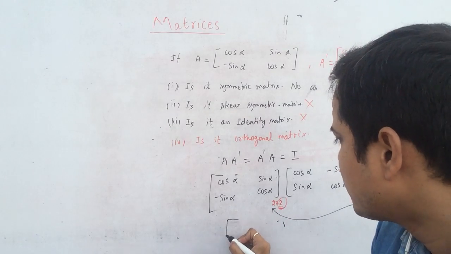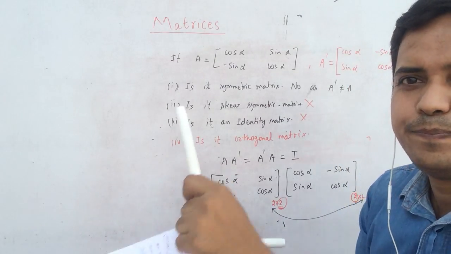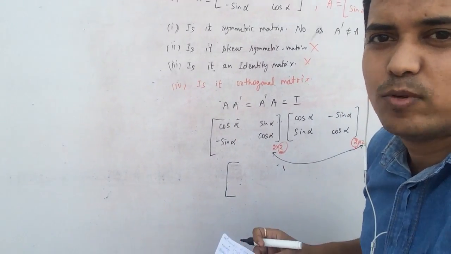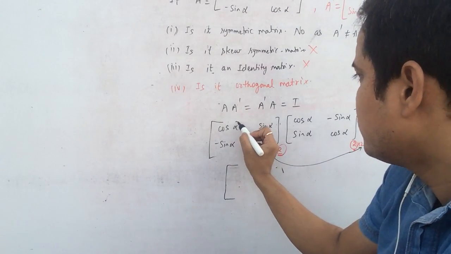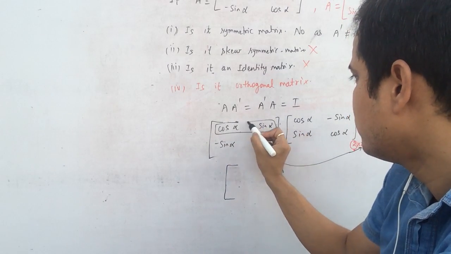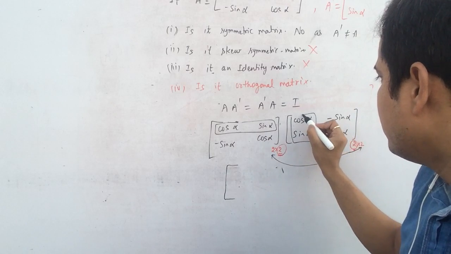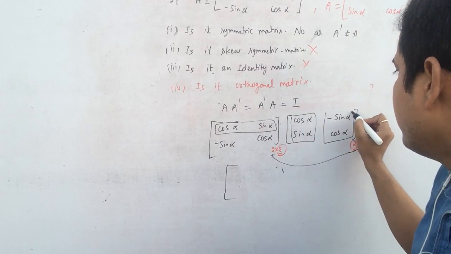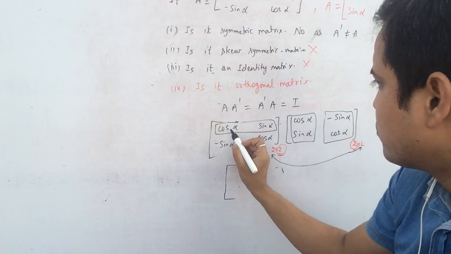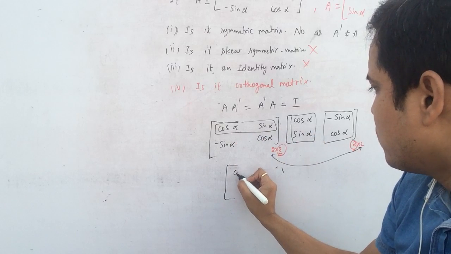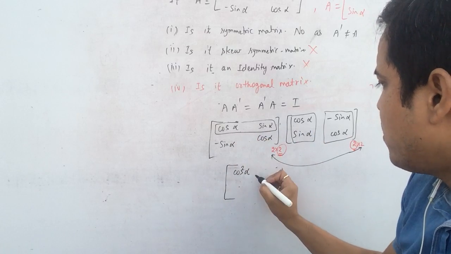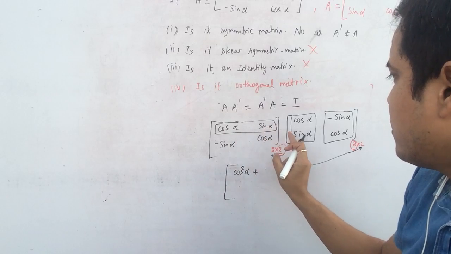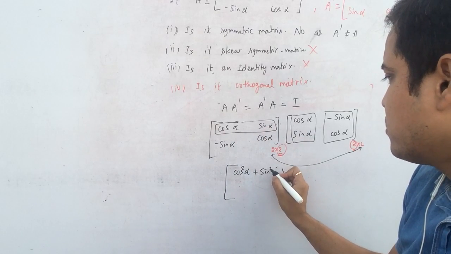How would you do the product? The first row is multiplied with the first column, then with the second column. First row: cos alpha into cos alpha, cos square alpha, plus sin alpha into sin alpha, sin square alpha.